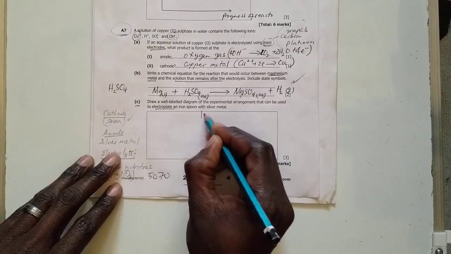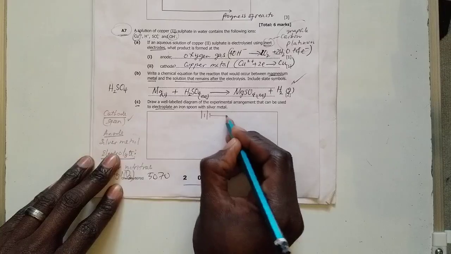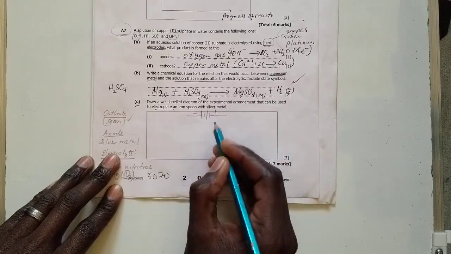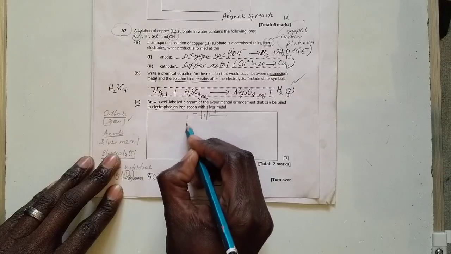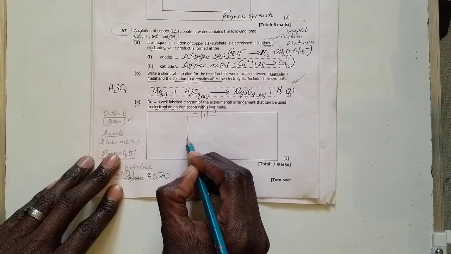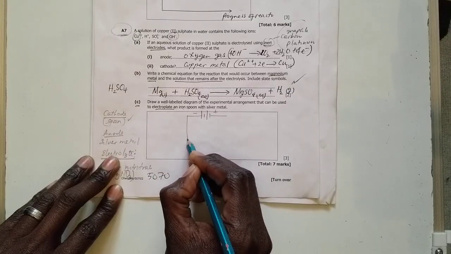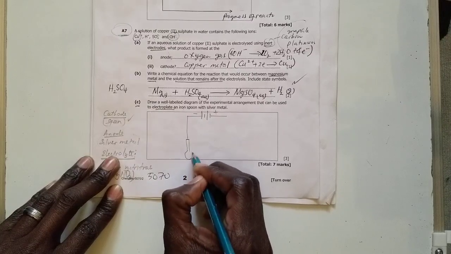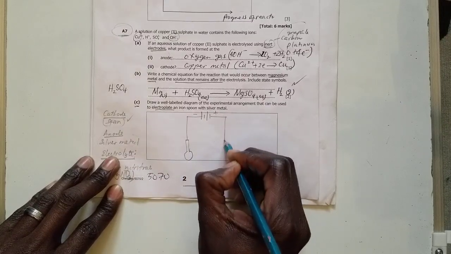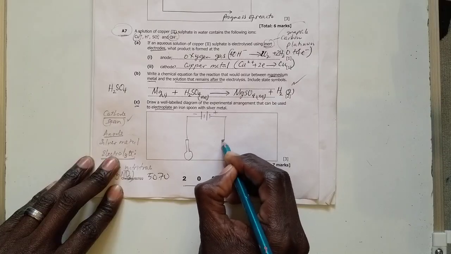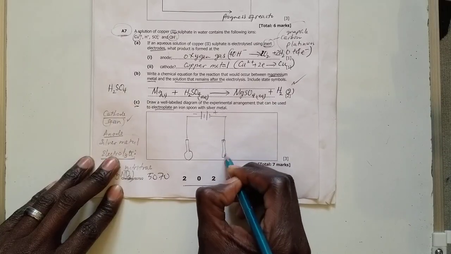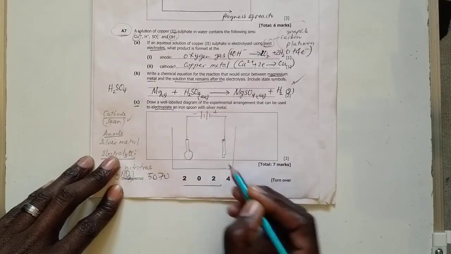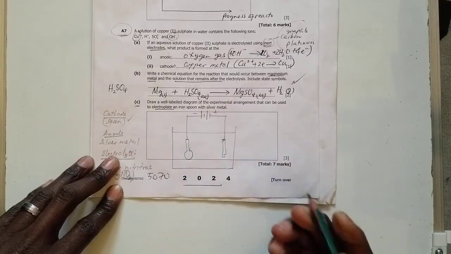For example, if I say that's my current, this is negative and this is positive, it simply means towards the cathode, this is where I'm going to have my spoon here. Then this side, I'm going to put up the metal that we want to electroplate. All these are going to be in the electrolyte cell in a solution form.